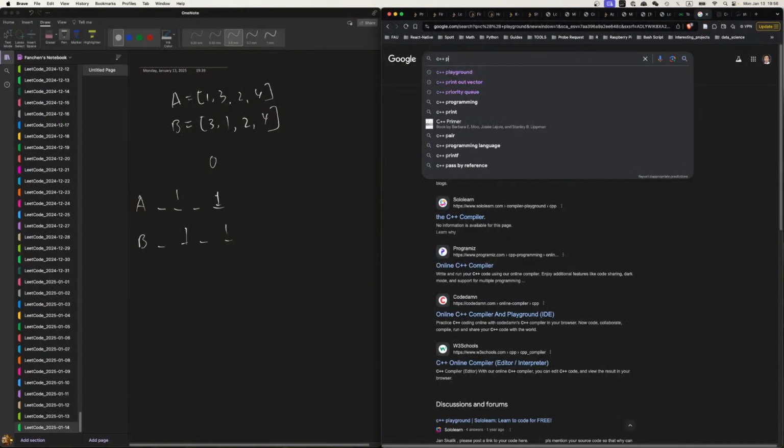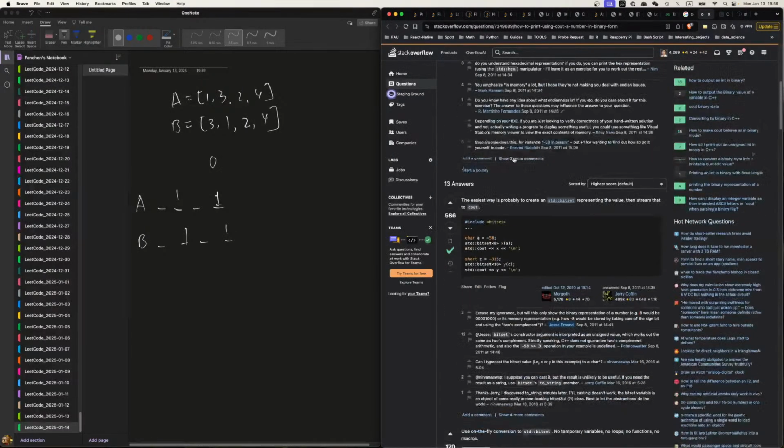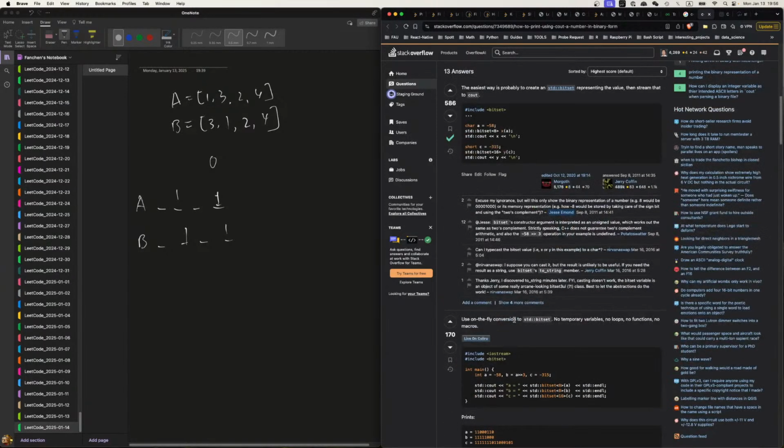Print bits. Yep, I think we use bit set.